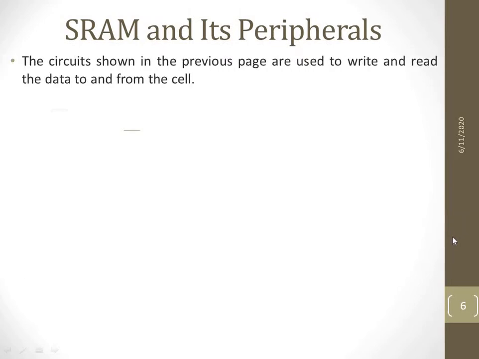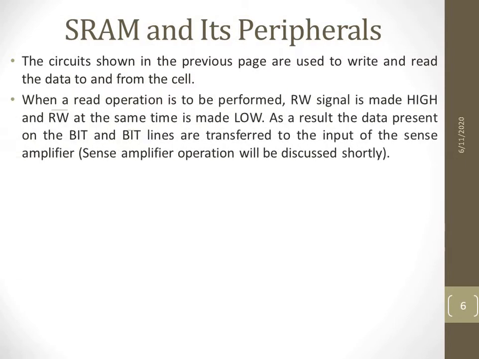The circuit shown in the previous slide is used to write and read the data to and from the cell. When a read operation is to be performed, the read write signal RW is made high, and read write bar is made low at the same time.